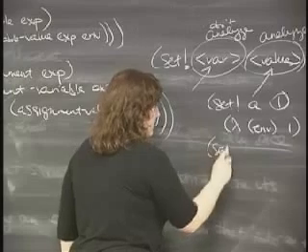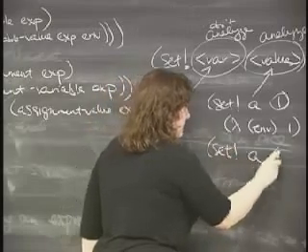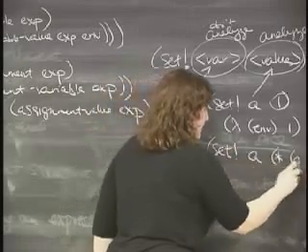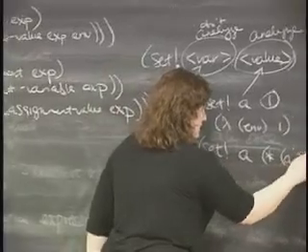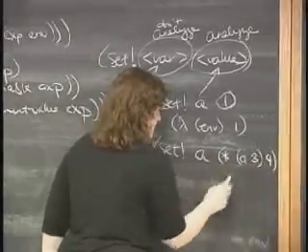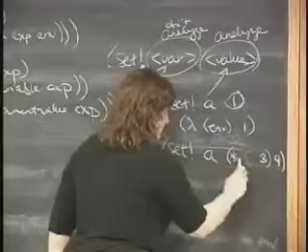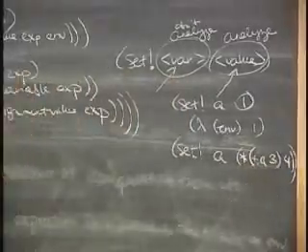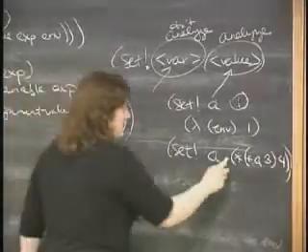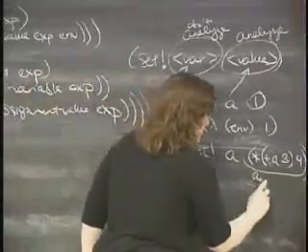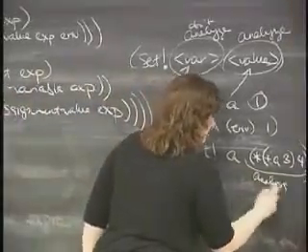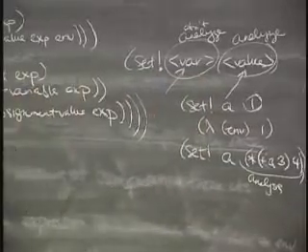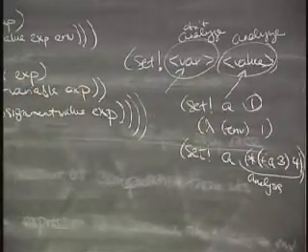But what if I had something like set bang A times A 3, 4. Let me put an operator in there. Now the analysis here is going to be more complicated, and it's going to go off and do some recursive calls to do that analysis.